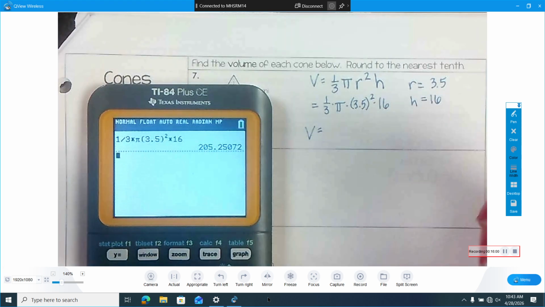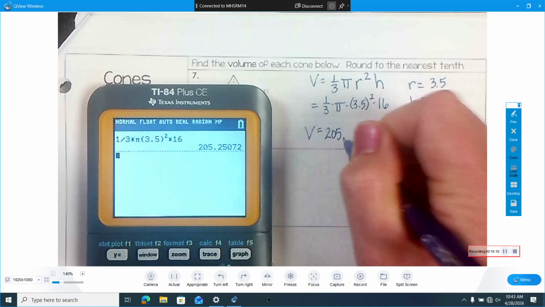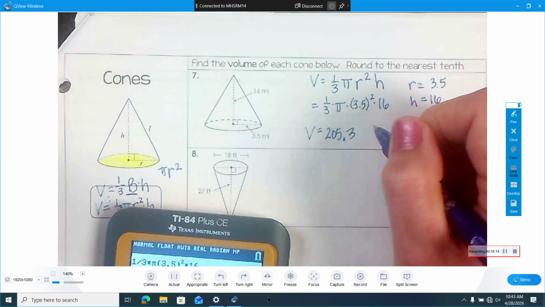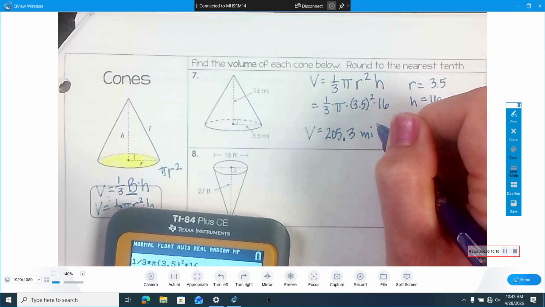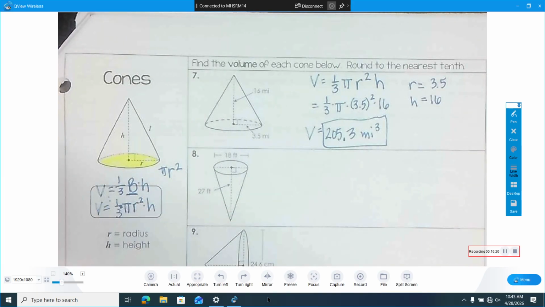What's wrong? Oh, that'll be a big difference there. All right. 205 point what? 0.3. Very good. Miles. Oh my goodness. Cubed. Those are big, big, big.